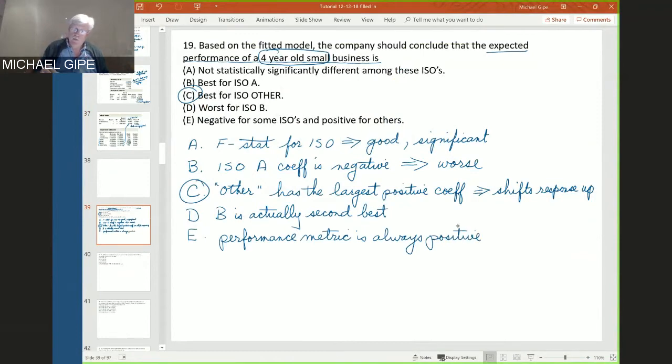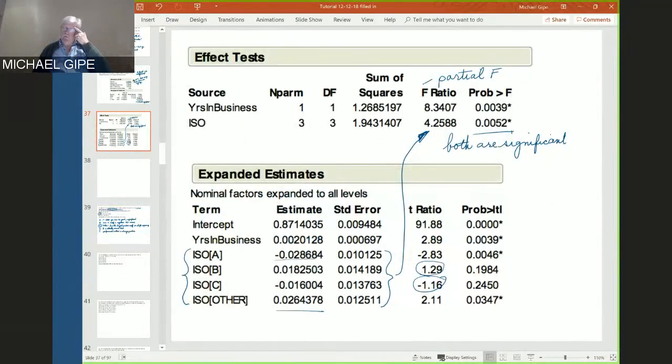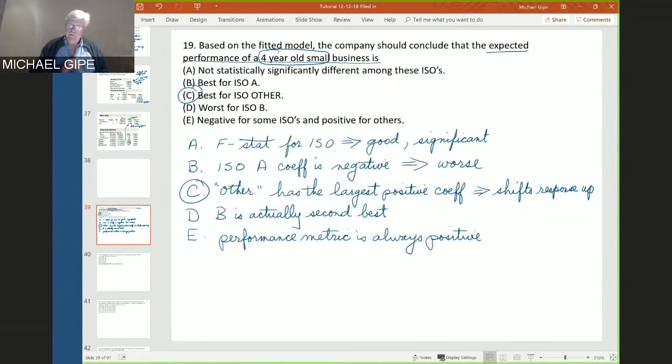And we can prove that to ourselves by looking at the intercept. The intercept is 0.87. So no matter which type of business we have, A, B, C, or other, the impact of that will never shift that intercept below zero. So it can't be negative for some business types and positive for others.